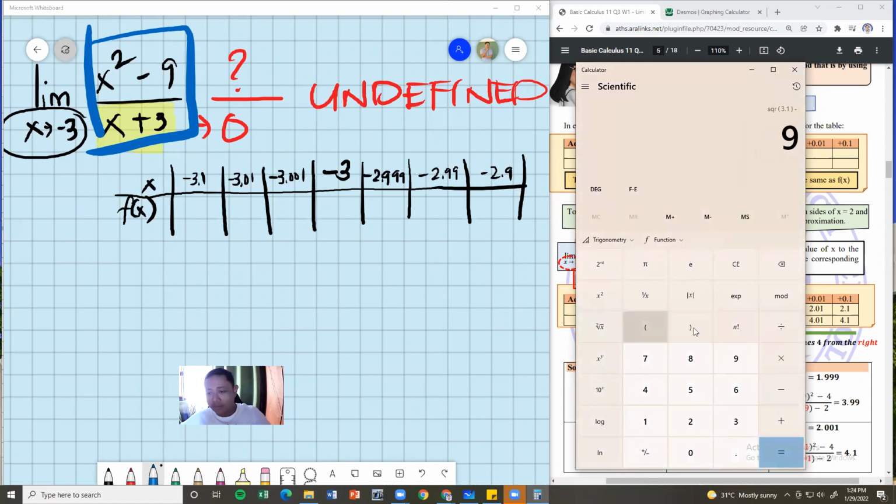And then equals divided by negative 3.1. Kindly answer it. Plus 3. Okay, so the answer here will be negative 6.1. Negative 6.1. The rest, kindly solve the remaining values using your calculator para mas mabilis.